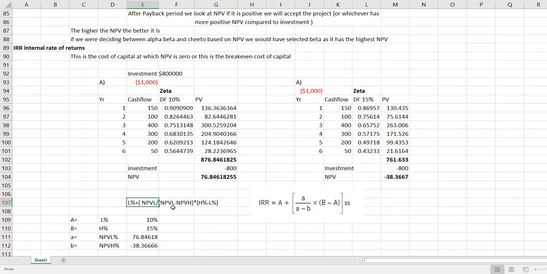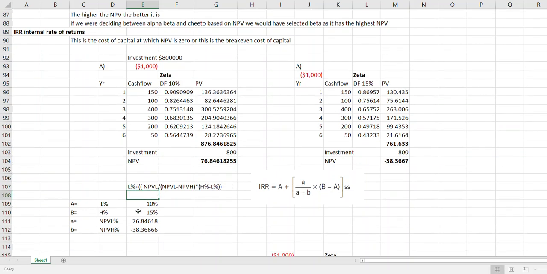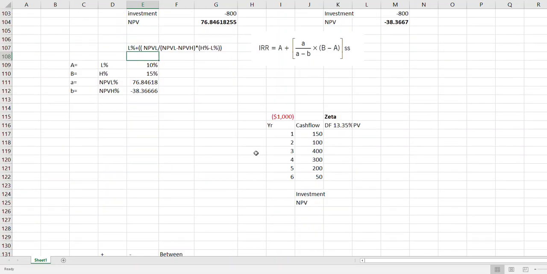I have A, which is lower percentage, plus NPV of lower percentage, divided by NPV of lower percentage minus NPV of higher percentage. And then multiplied by higher percentage minus lower percentage.